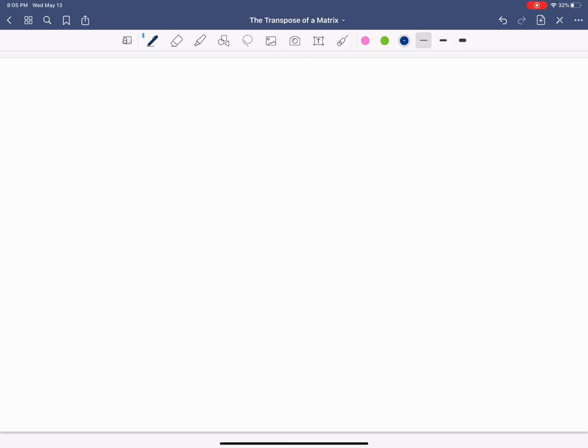So we are trying to show that the transpose of A inverse is the inverse of A transpose. How can you show this? Well, we start with the fact that, of course, this is the case when A is invertible. If A is not invertible or A is not a square matrix, this doesn't even make sense.